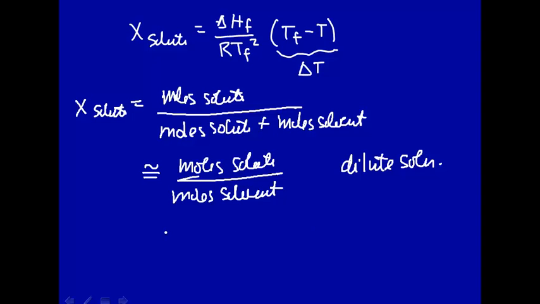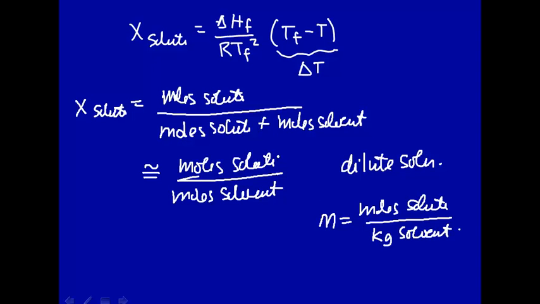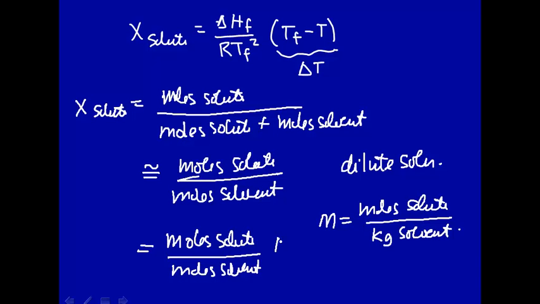Now, recalling what molality is, molality is moles of solute per kilogram of solvent. We compare these two units. Looks like the numerator, moles of solute, is okay, but we've got to convert moles of solvent to kilograms of solvent, and we do that by multiplying by the molar mass. So this is moles of solute over moles of solvent, and we multiply here by capital M, the molar mass of the solvent.